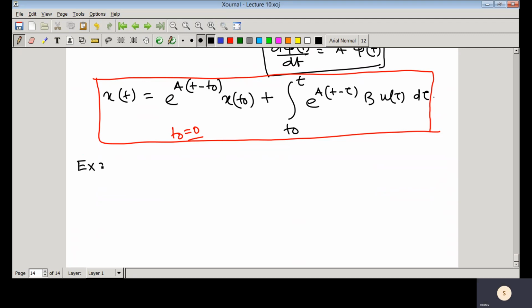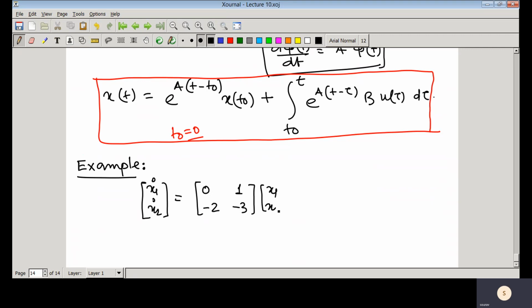One example. Suppose you have a state equation with states x1, x2, and 0 1 u(t). Here u(t) is the input, and you can say that u(t) is a unit step input.